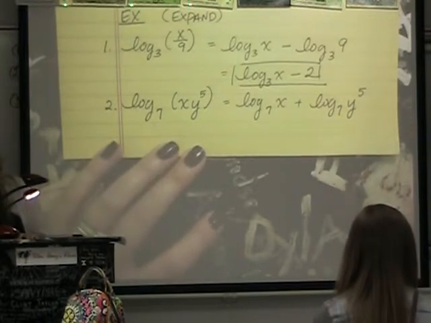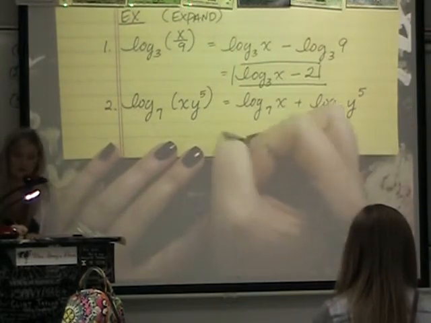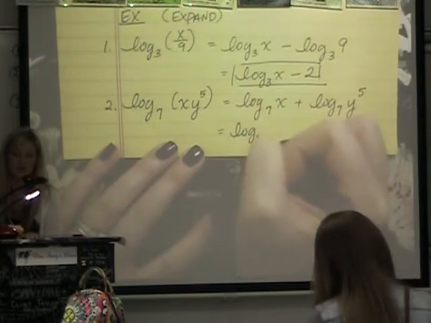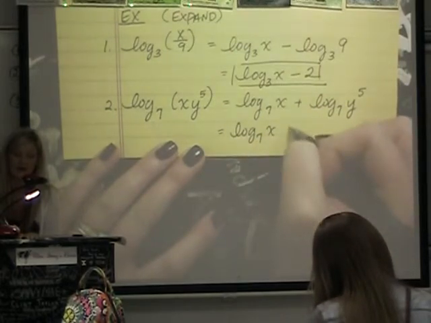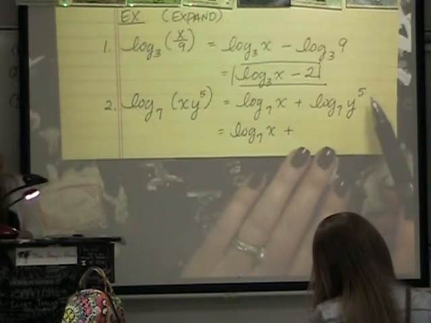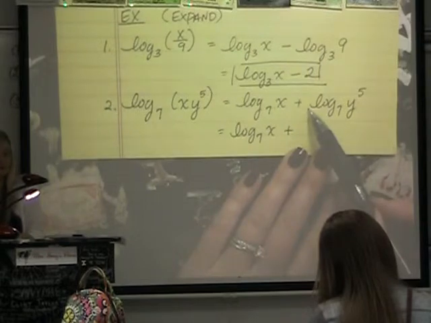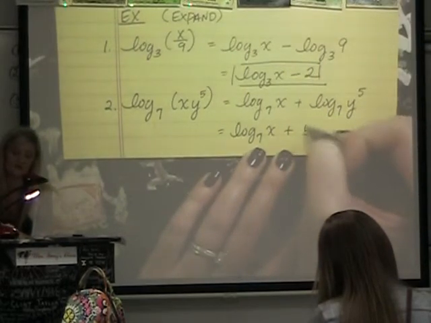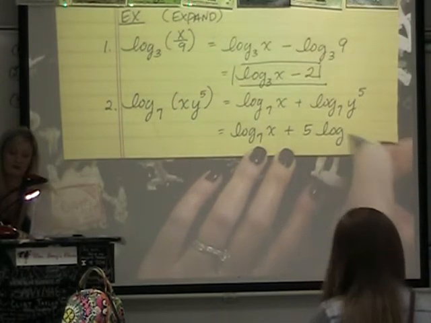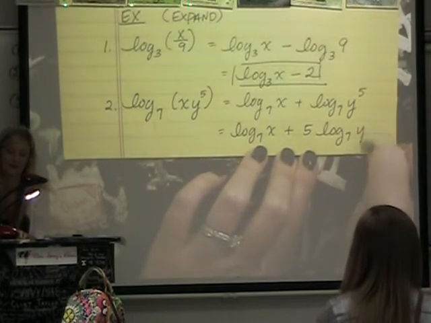And then in my second step, I'm going to bring down my log base 7 of x. And I'm going to use property number 5 to pull that exponent on the y down in front of the logarithm base 7 of y. So it's going to be plus 5 log base 7 of y.